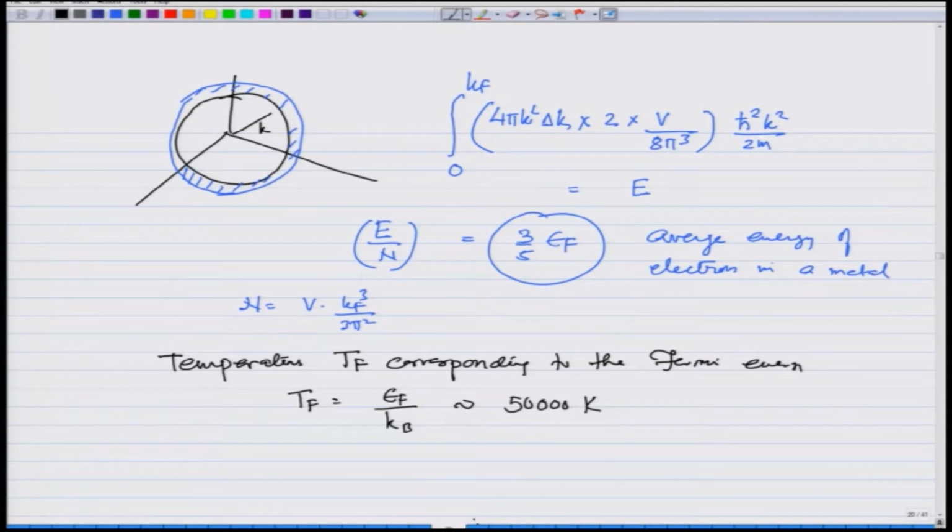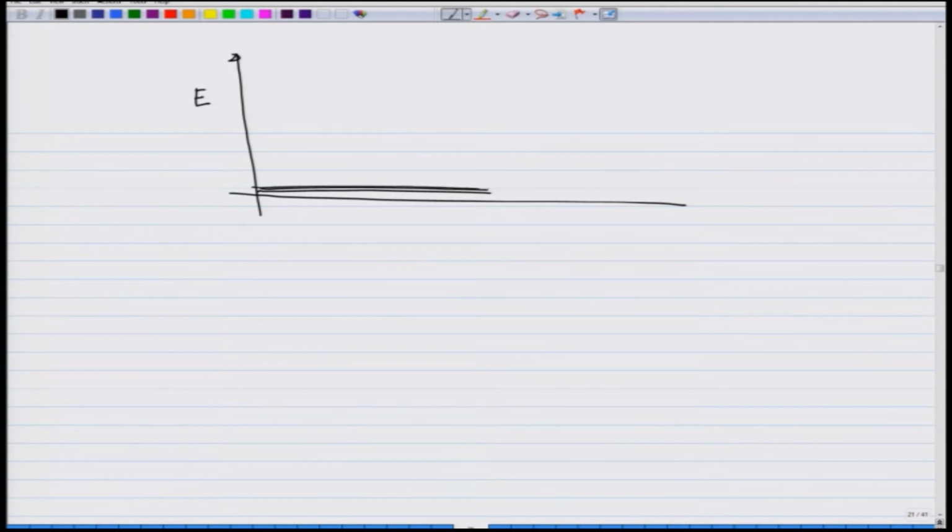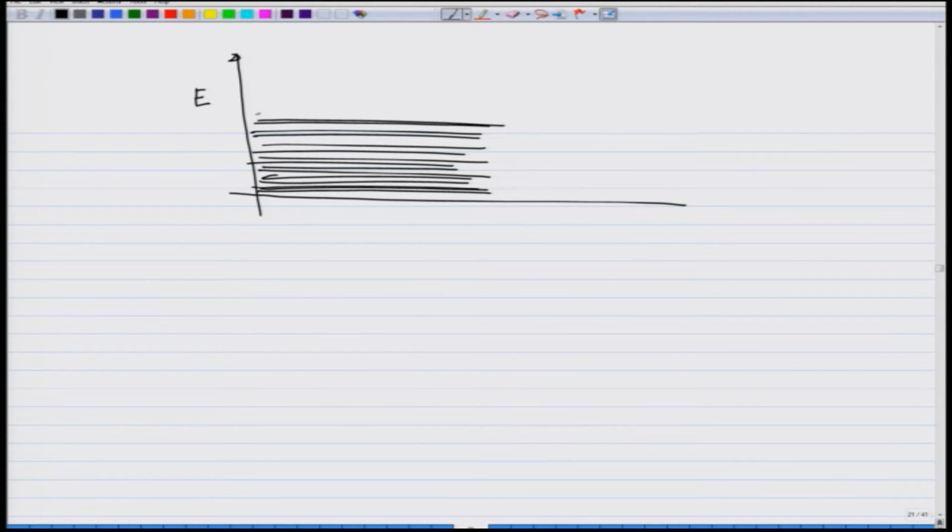So, what you can see is that if I write the energy on the y axis, the states that are filled are all the way up to a very high energy value. So, 1 or 5 electron volts is a very high energy value, because this corresponds to roughly 50,000 Kelvin.